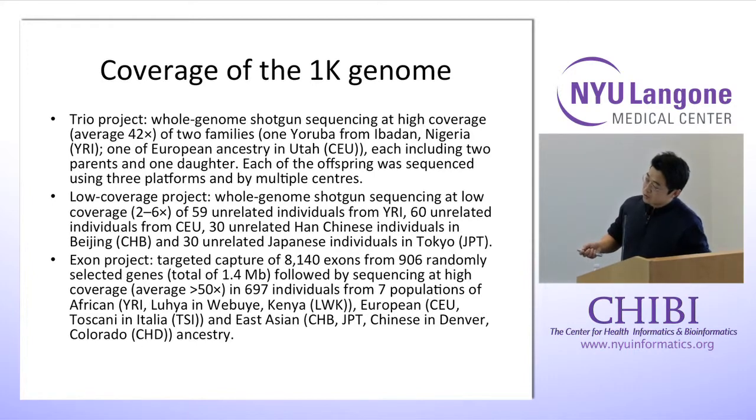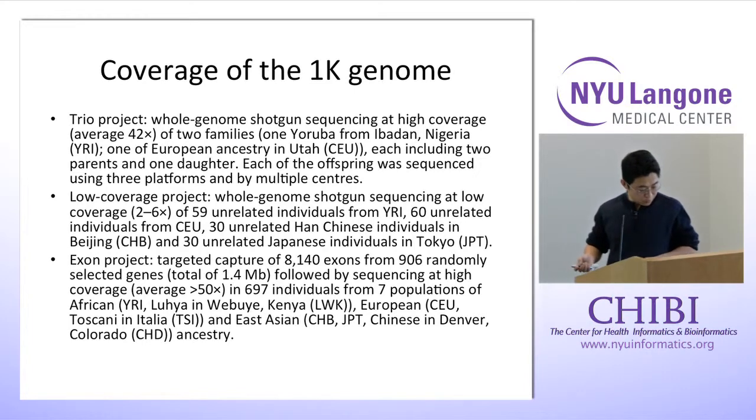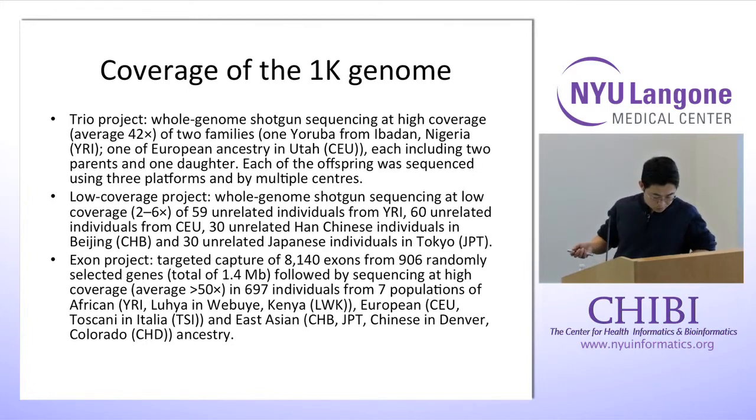The low coverage is actually about 2 to 6x on different populations, like 60 European, 60 Central Europe people, 30 Han Chinese, and 30 Japanese people. So this is about 200 samples.